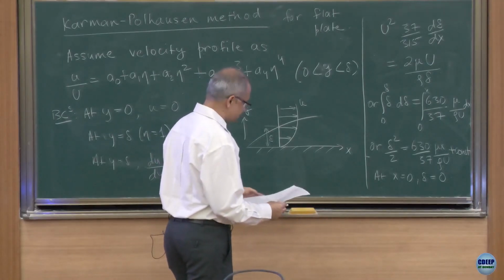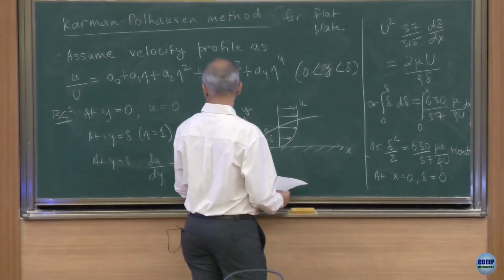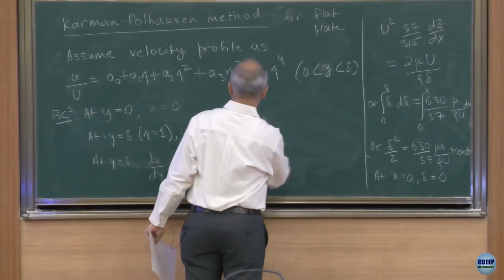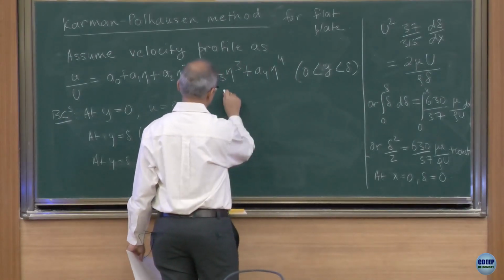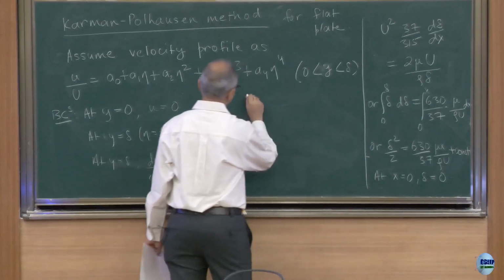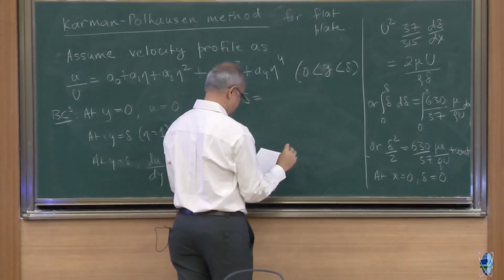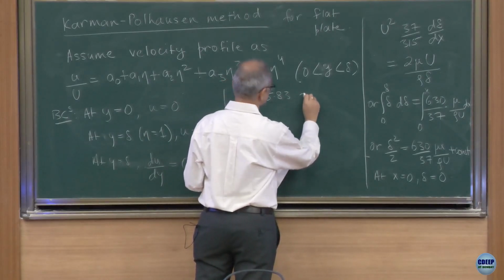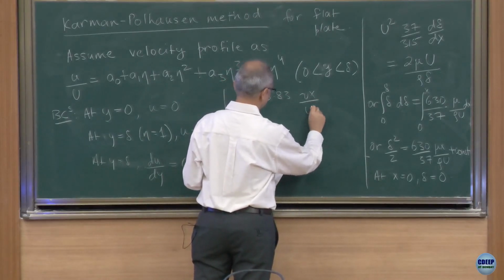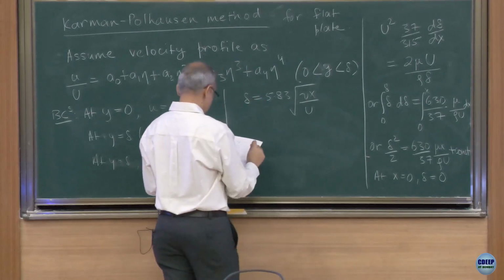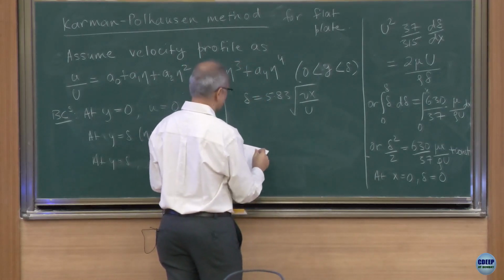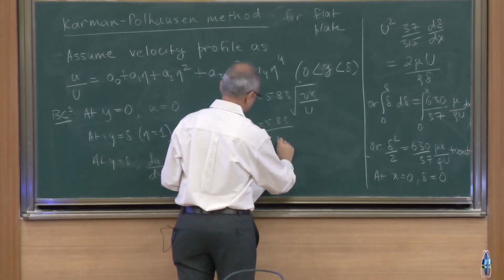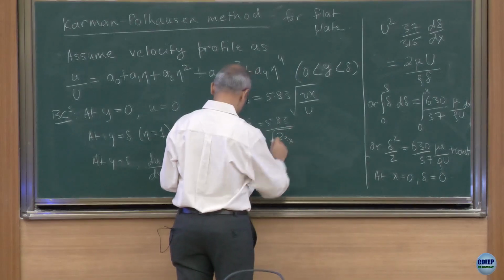I'm just keeping all this because I want to have some discussion after this on it. So delta is equal to 5.83 times the square root of nu x upon u, and delta by x is equal to 5.83 upon square root of Re x.